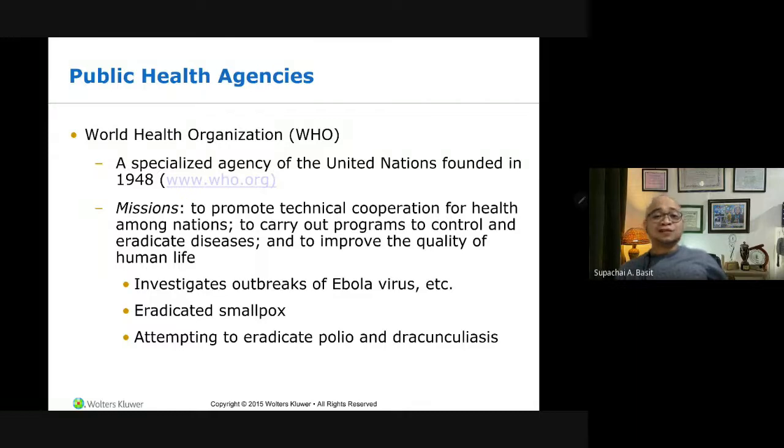They have been involved in investigating outbreaks of Ebola virus, and they were successful in eradicating smallpox. Right now, they are attempting to eradicate polio and dracunculiasis, a parasitic infection caused by Dracunculus medinensis.